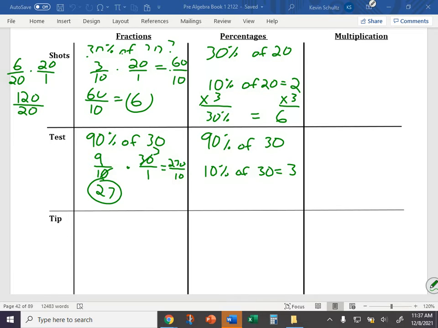But I don't want 10%, I want 90%. So how many 10% do I need to get there? What are we going to multiply by to get to 90%? 9. Multiply by 9, then by 3. 10% times 9 is 90%. 3 times 9 is 27.